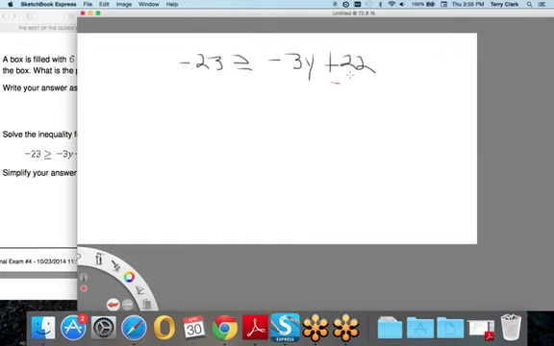So we're going to subtract 22 from both sides. What we're trying to do is get rid of the negative 3 times y and the addition of 22, so we do that by doing the opposite. Negative 23 minus 22 is going to be negative 45.